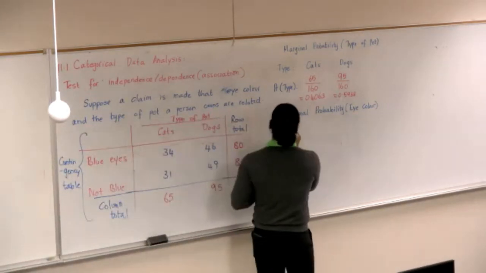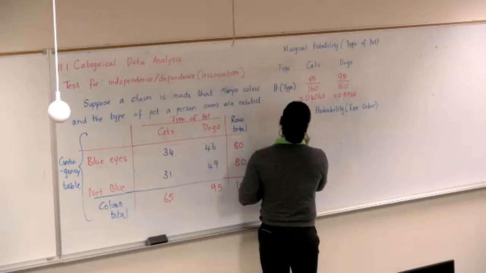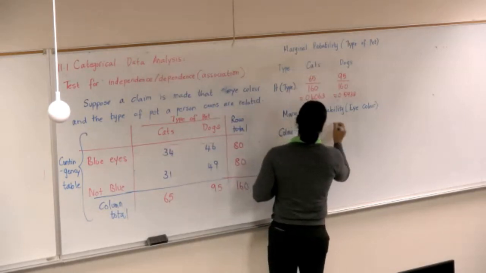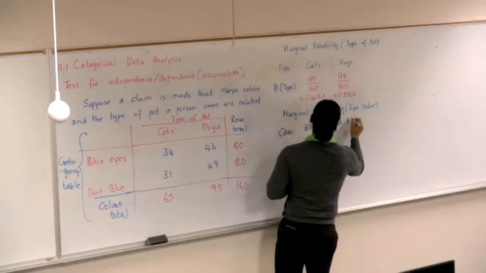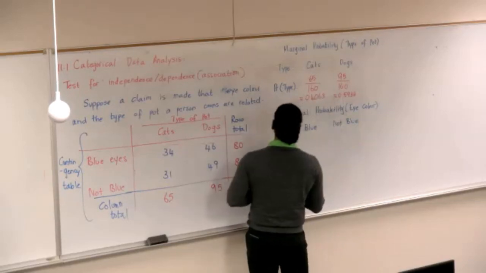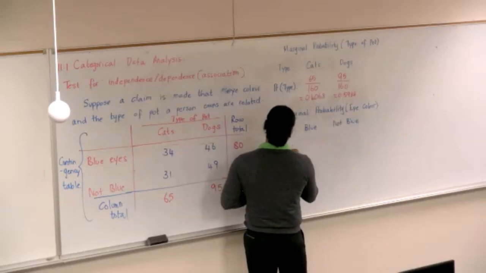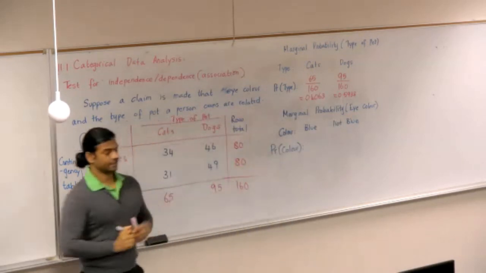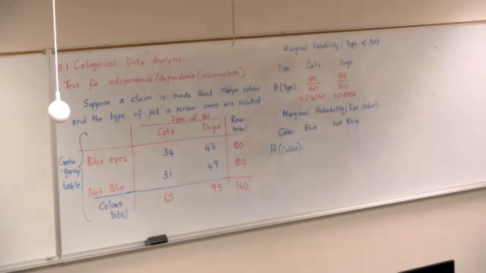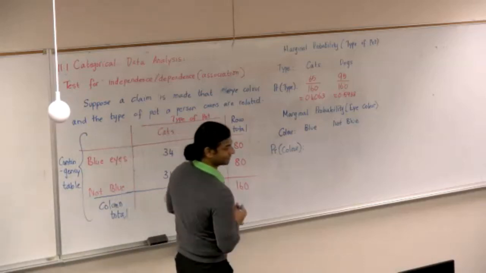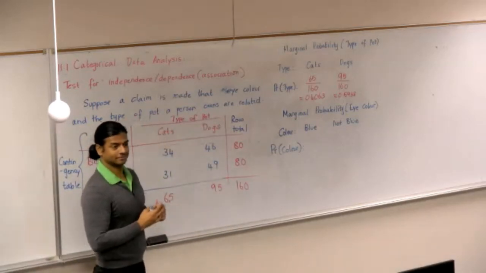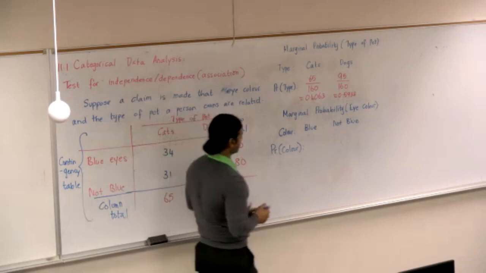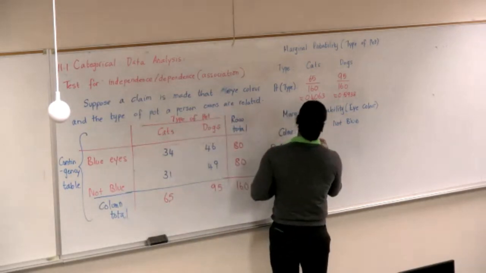So how do we find the probability that a randomly selected person would have blue eyes? 80 over 160, which is 0.5.